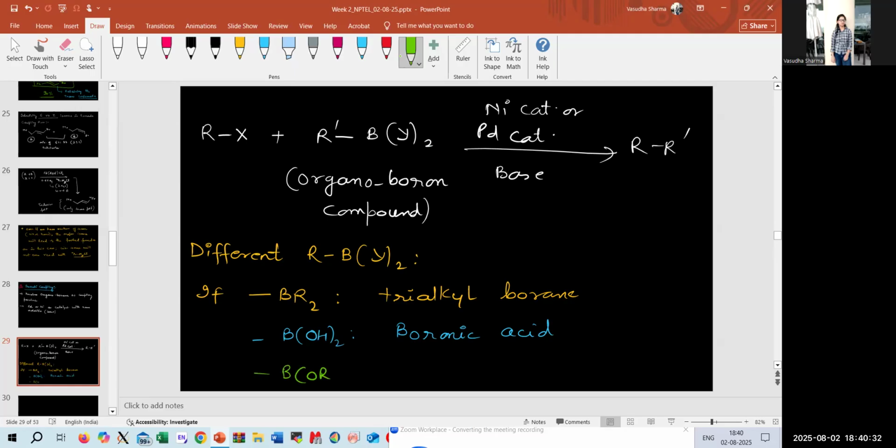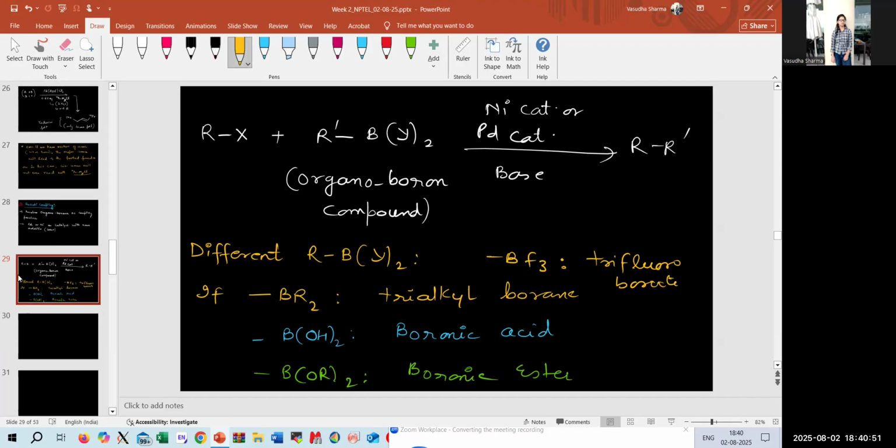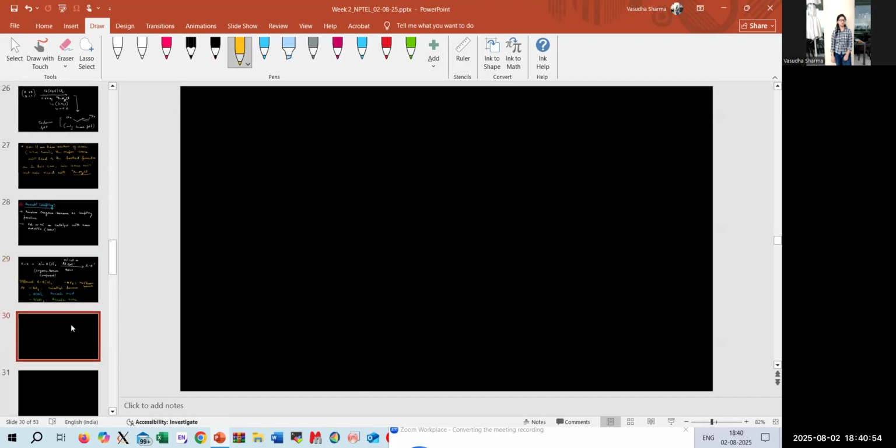If it is B(OR)2, then it is boronic ester. And if it is BF3, then it is trifluoroborate. So different names for coupling partners when we have different substrates attached to it.